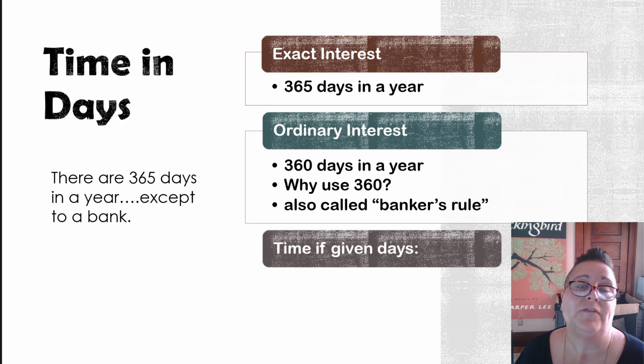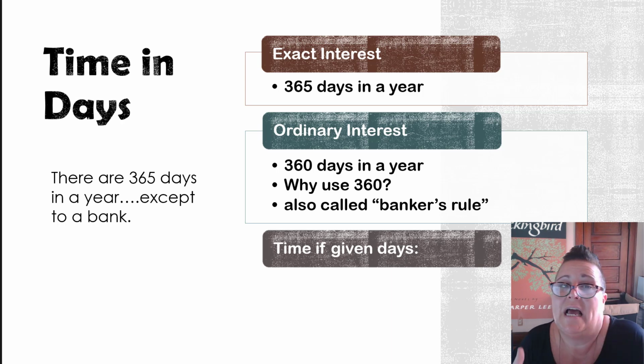Now, what if you're given time in days? If you're given a problem with the time in days, you have to first look at the problem and say, does it say exact? Because if it says exact, then I have to use 365. If it doesn't say exact, there are 2 options. First, it says it's simple ordinary interest, and that means you're using 360. The second option is it doesn't say anything.